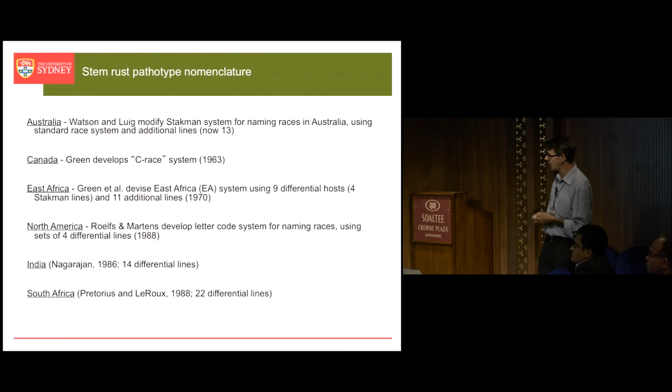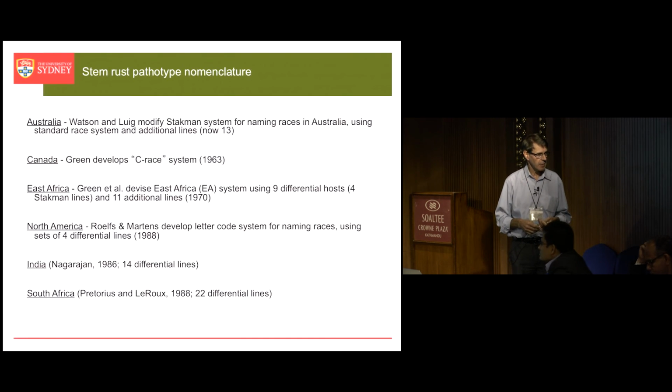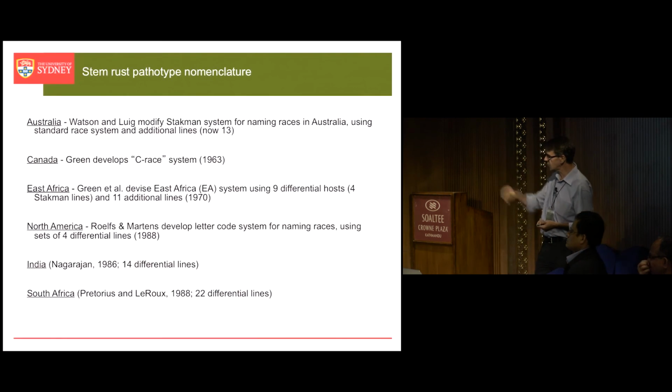If you go back through the literature, you'll find papers published by the Canadians on race analysis in East Africa from the late 60s and early 70s. They used a system they called EA, or East African, that used 20 differential lines. Again, it was based on 4 of the hosts that Stakeman originally identified.